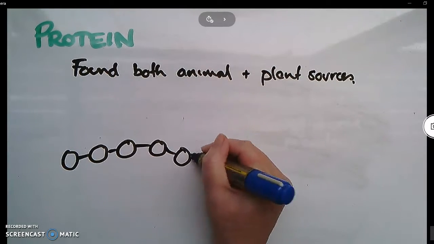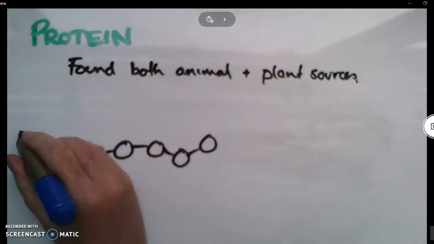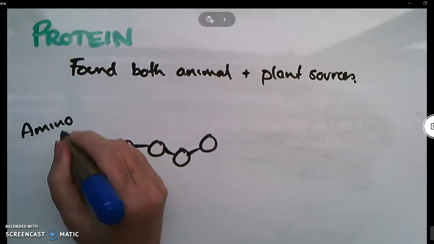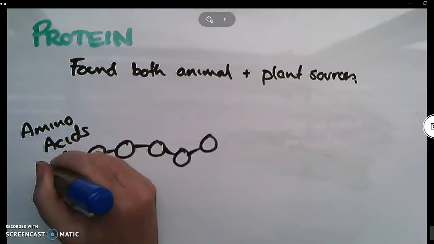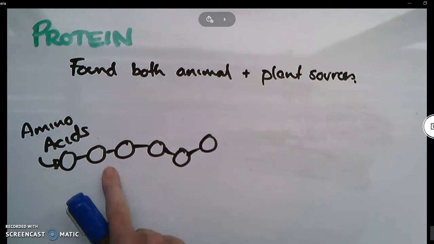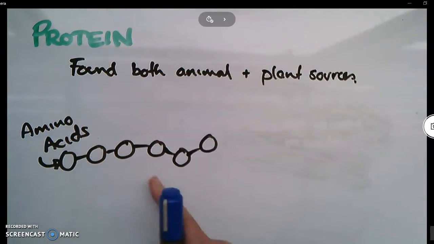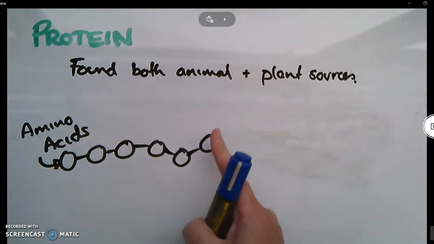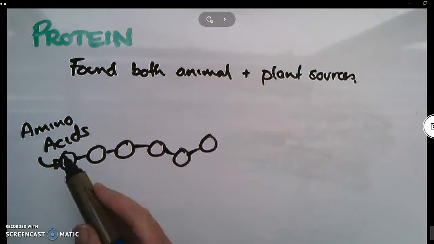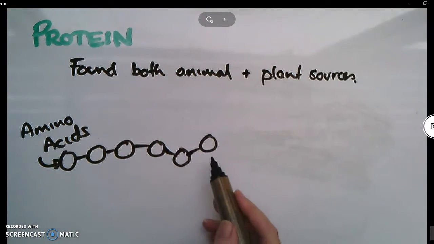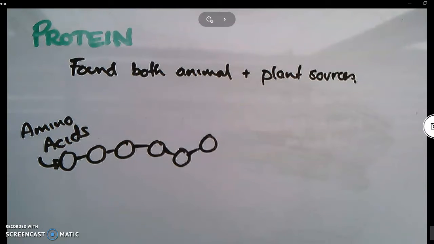It's like a strand like that, and all these things here are amino acids. They're all joined together with bonds to make up a protein strand. So this whole thing is a protein, and it's a whole lot of little different amino acids. Now, all these amino acids are different.